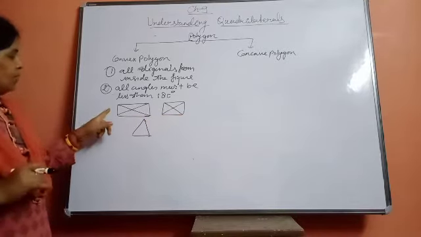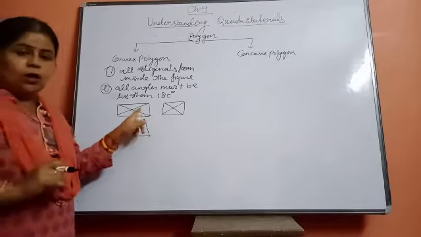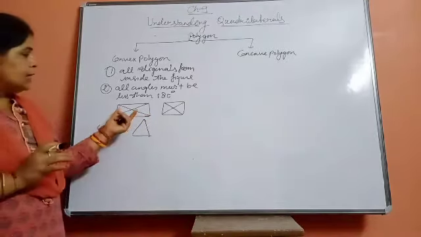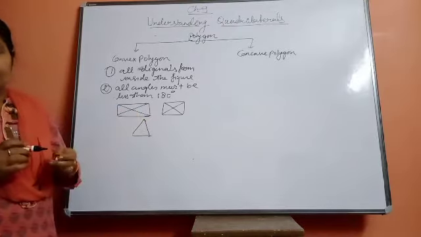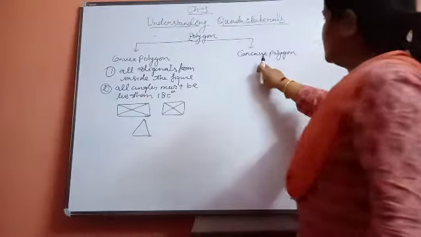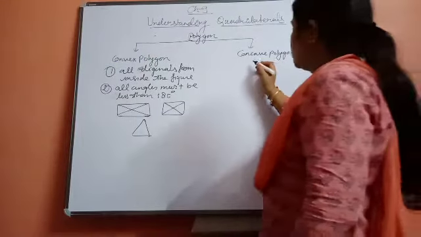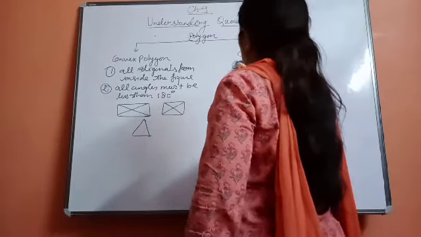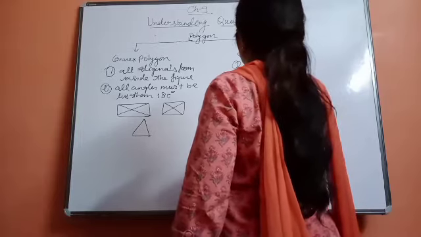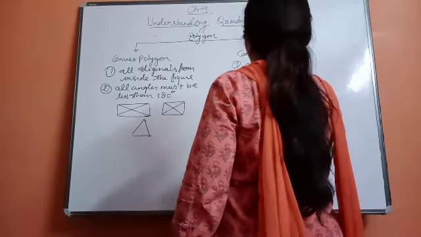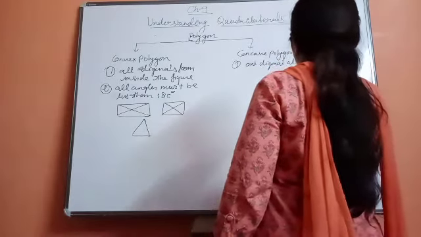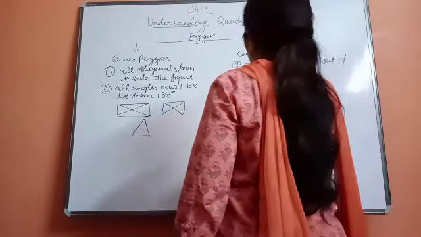Okay, you can see that in the given figure all the angles must be less than 180 degrees. Inside angles must be less than 180 degrees. And here, what do we mean by the concave polygon? Concave polygons are those polygons in which not all the diagonals, but at least one diagonal, is out of the figure.